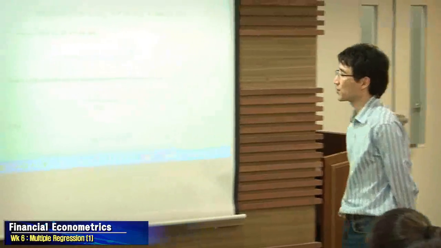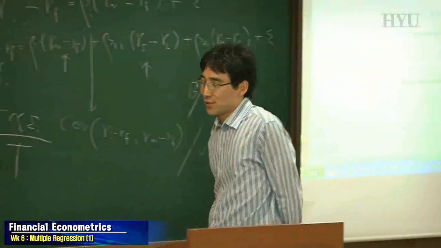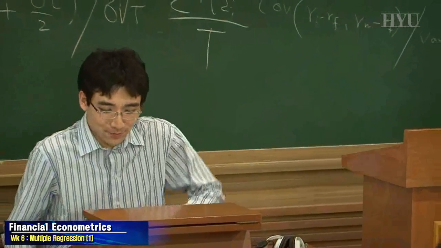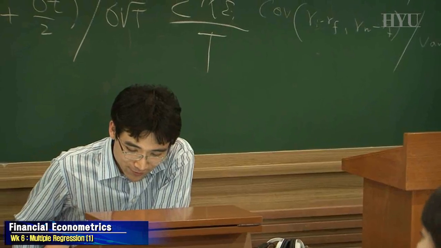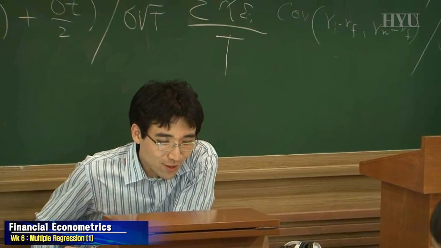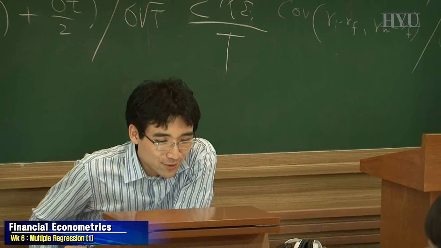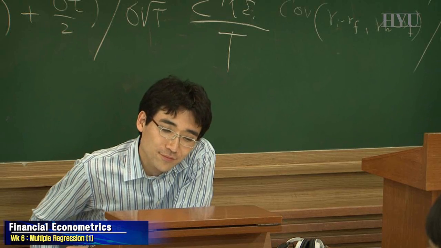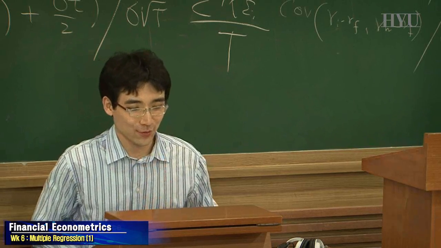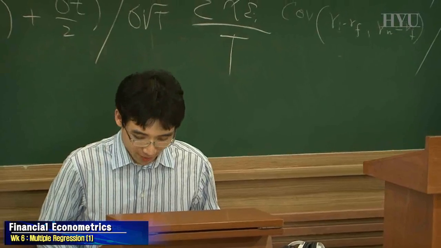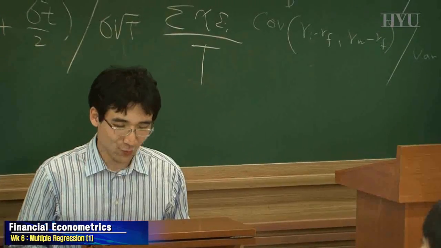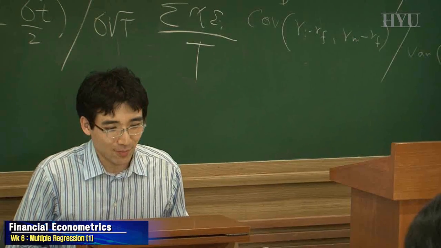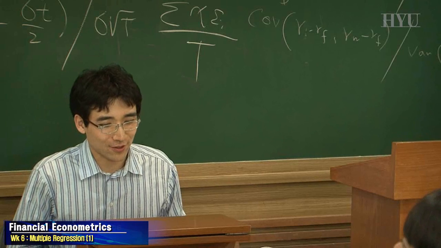So let's actually try this one. Okay, let's go to R. CAPM. So this is y, and x, to match the notation, let's say x is the column bind of the market factor, SMB and HML.